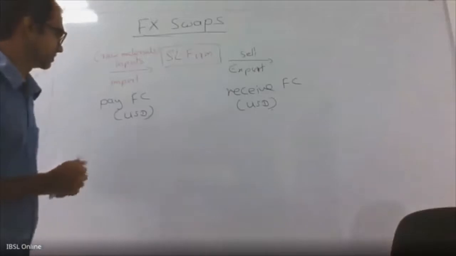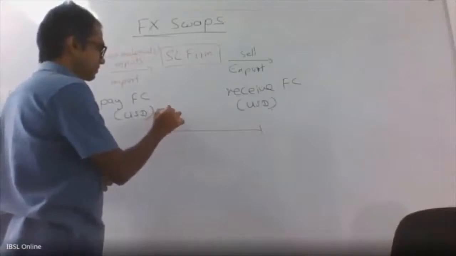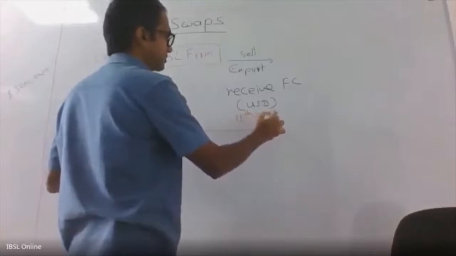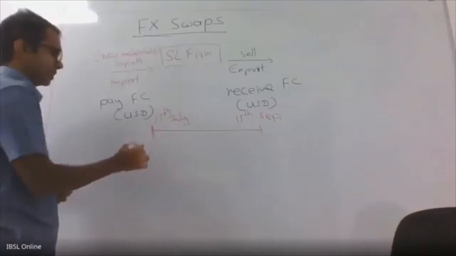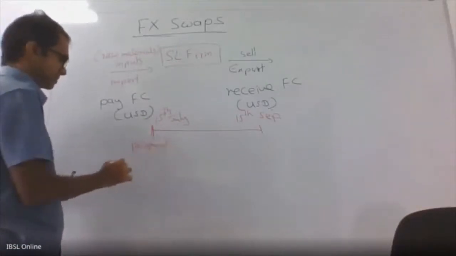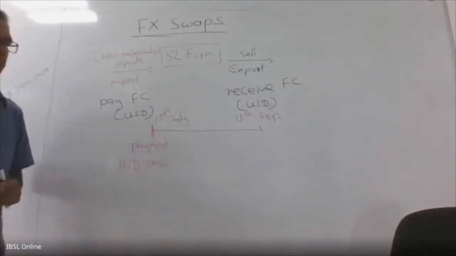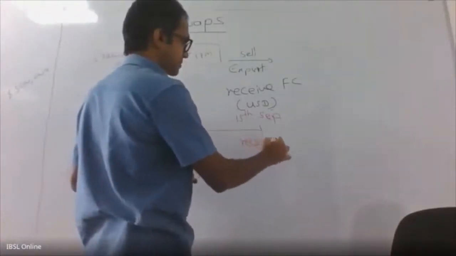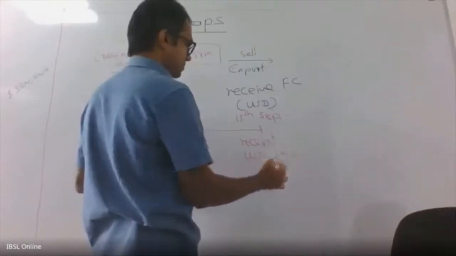So what's the problem? Say again, 15th July and 15th September. On 15th July, assume there's a payment of USD 1 million. And on 15th September, there's a receipt of USD 1 million.